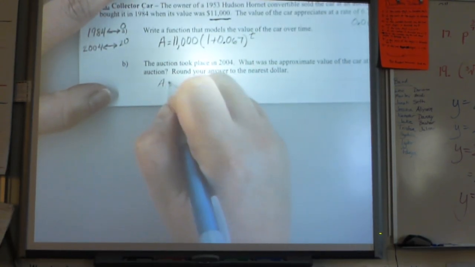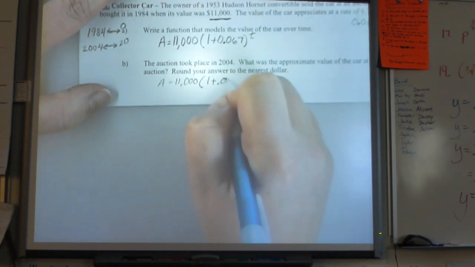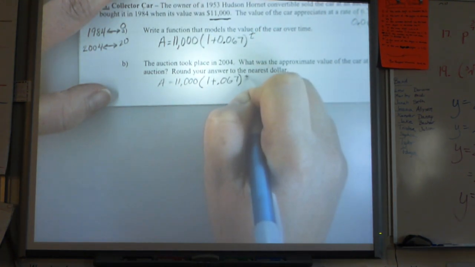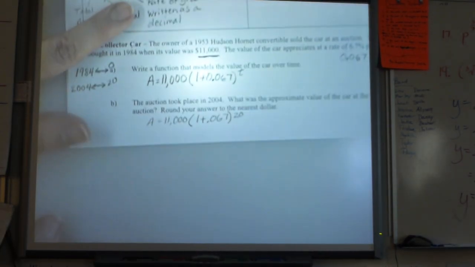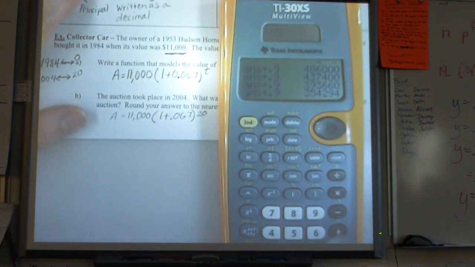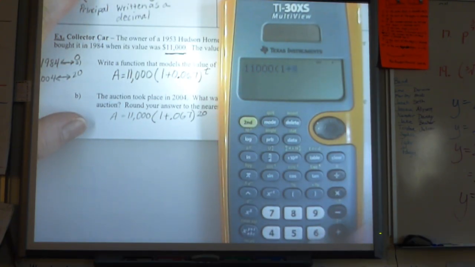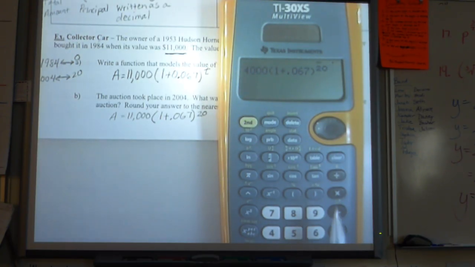Okay, so let's go ahead and calculate that. The amount of money is going to be equal to 11,000 times 1 plus 0.067 to the 20th power. So your function should look like that. Don't forget your parentheses. Those are located above the 8 and 9 buttons.